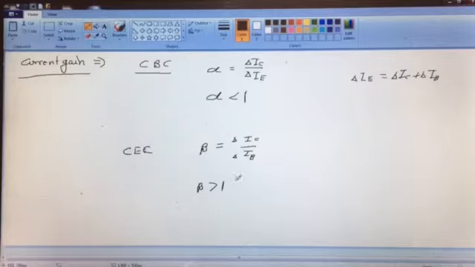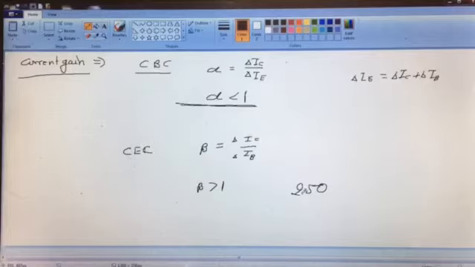So we can say that the current gain in common base configuration, that is alpha, is always less than unity, the closer value to unity. The current gain is quite high for common emitter configuration, and its value may be nearly 250.